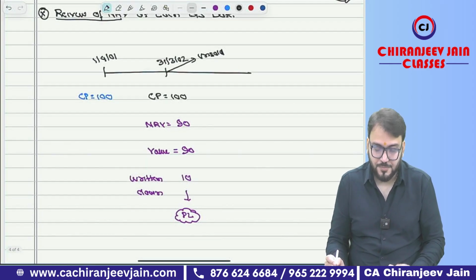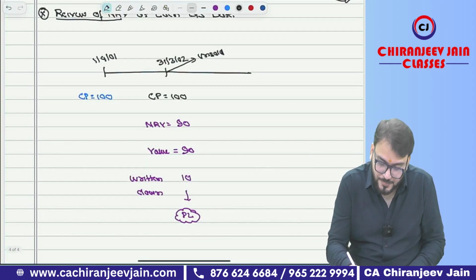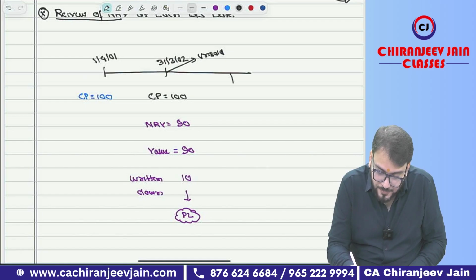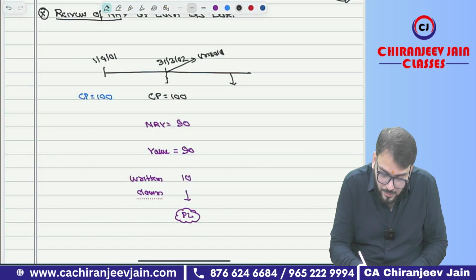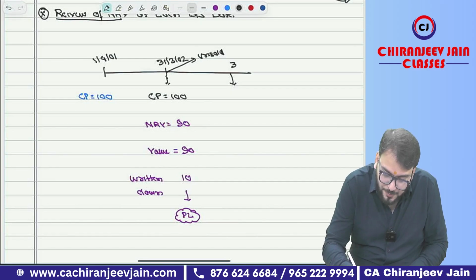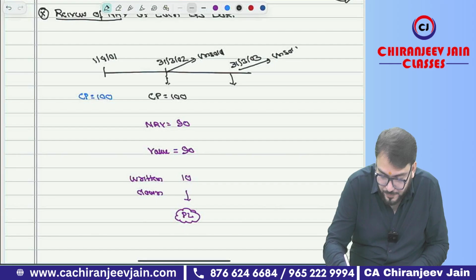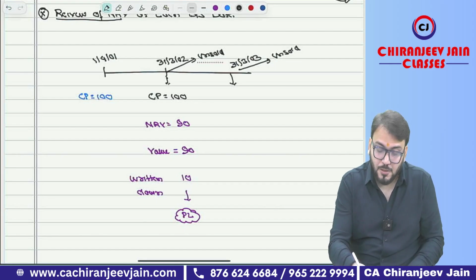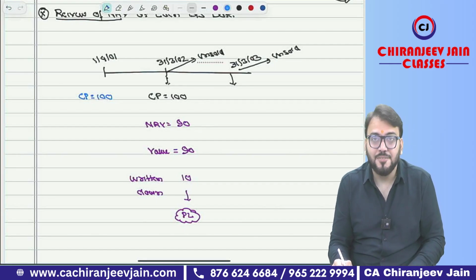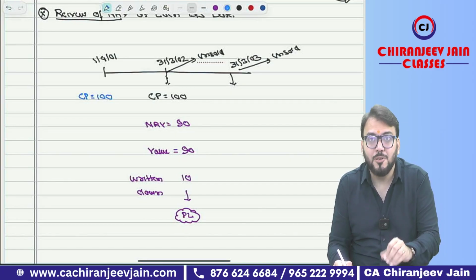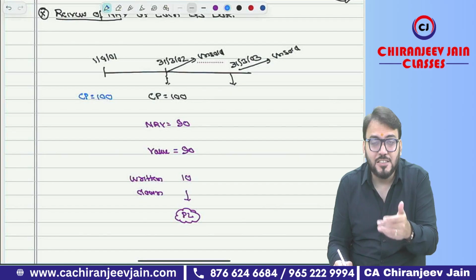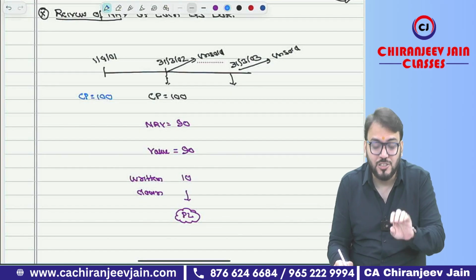Okay, sir. Chalega? Yes, sir. Now, suppose on 31st March 2003, again it is unsold. So again valuation. Now what AS2 says is that we need to remeasure NRV because NRV is an estimation. An estimation may change due to change in circumstances.